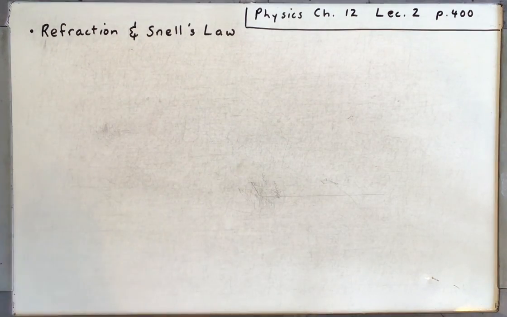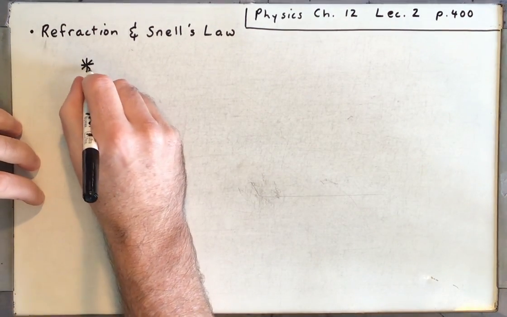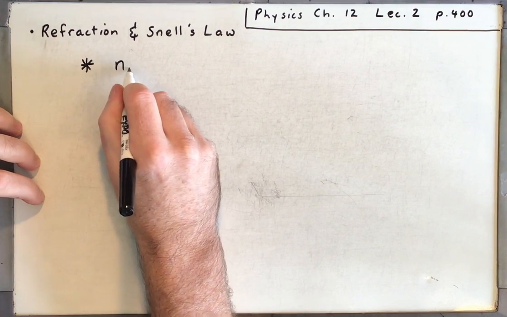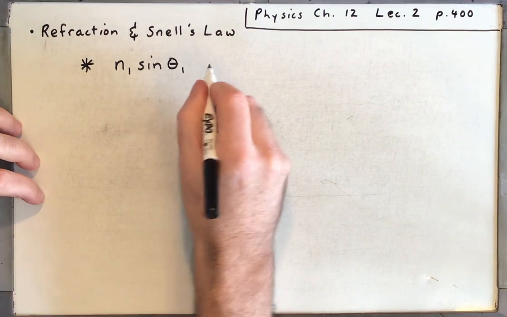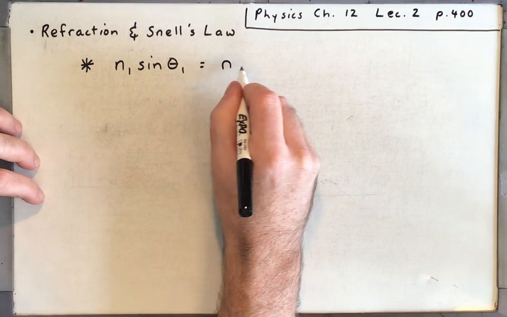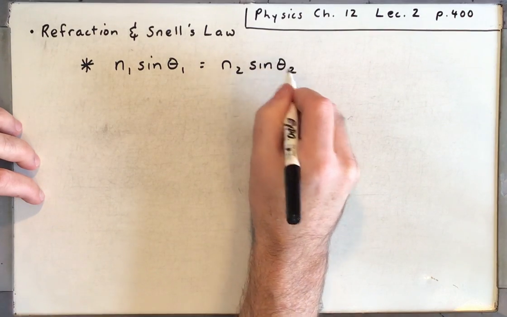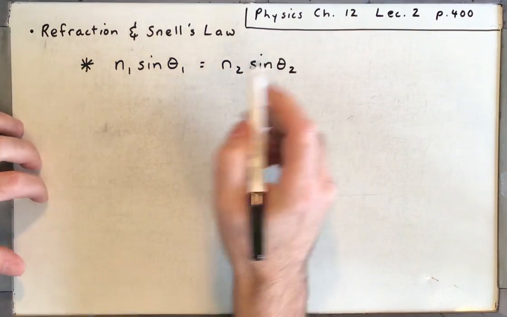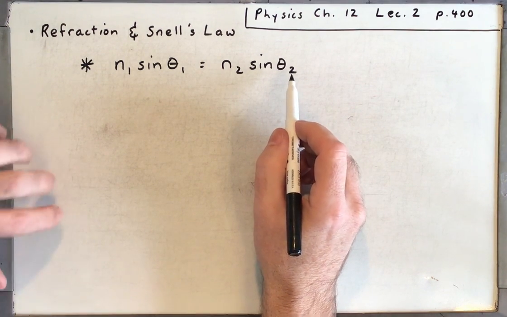All right, Snell's law, okay, you're going to have to memorize this, is N1 times the sine of theta 1 is equal to N2 times the sine of theta 2. The theta 1 and theta 2 are in the previous illustration that you just drew.